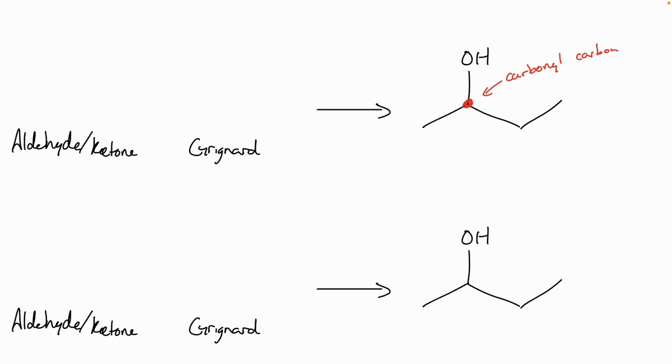So if I'm going to say that this is my new bond here, that means that these are going to be my aldehyde. All right, I'll keep it colored here. And the other carbon, it's just this one methyl group here, has to be my Grignard. Okay?